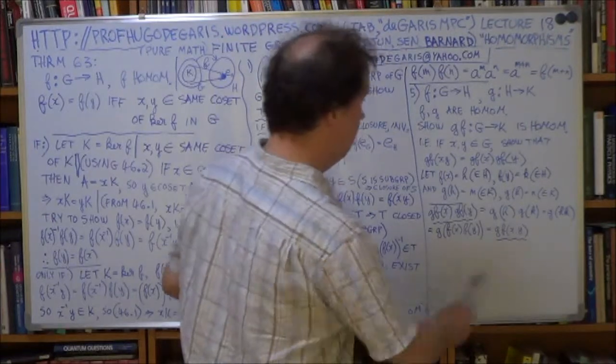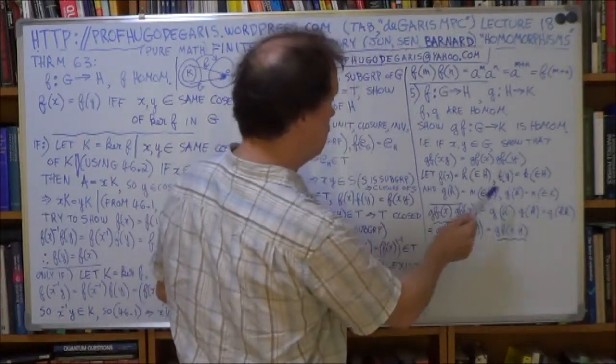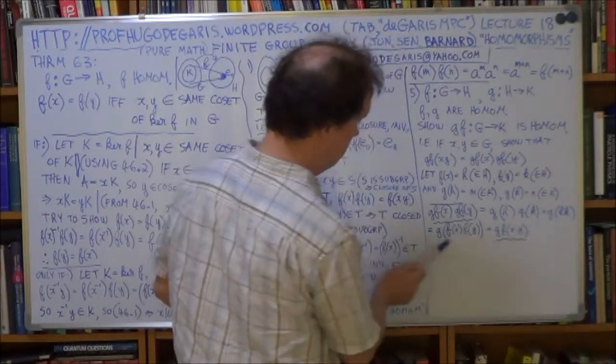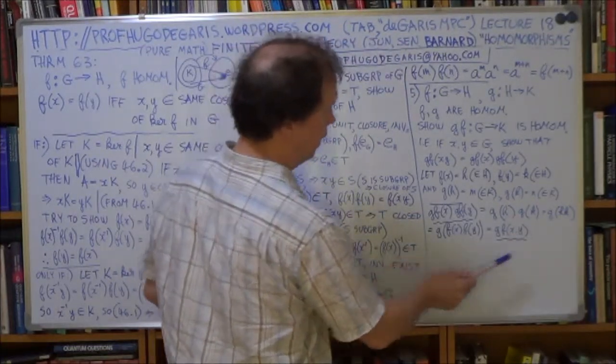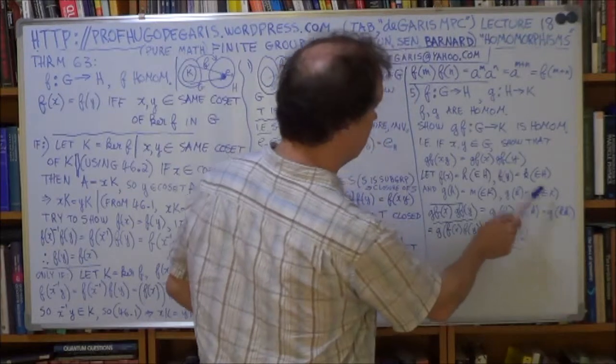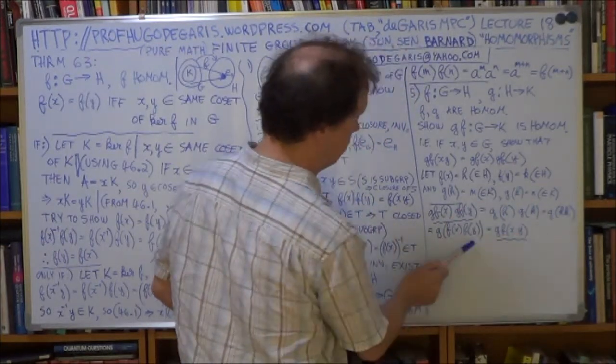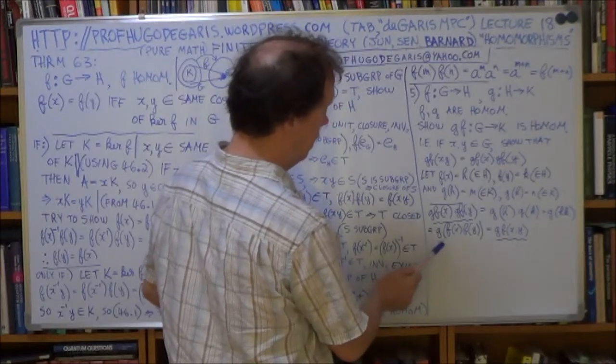But what is h? h is f of x, so for this h here, substitute f of x. And little k is f of y, so for this k, substitute f of y.